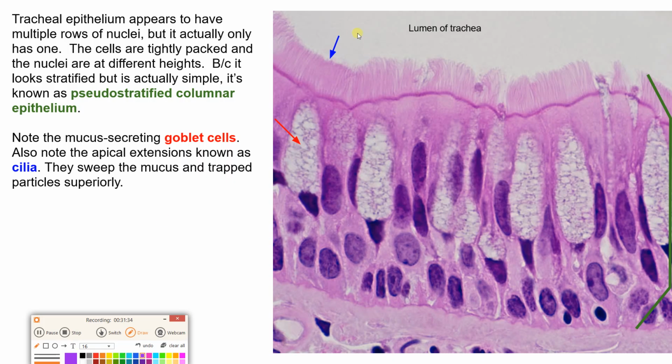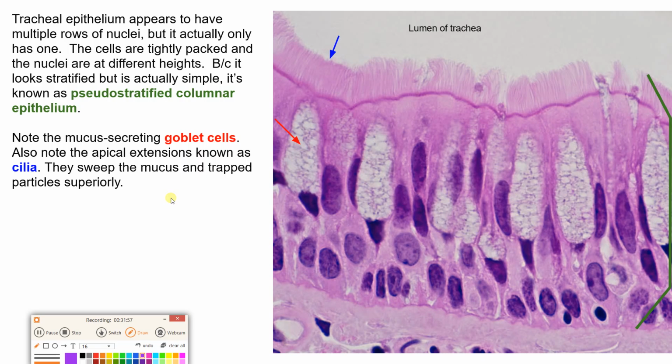So your trachea has cilia. These hair-like things are cilia. They're like bigger versions of microvilli. Notice I can see them individually here. And what they do is they're constantly sweeping upward. They're doing a sweeping motion. Like imagine you're doing the wave, like you stand up and put your arms up in the air, right?